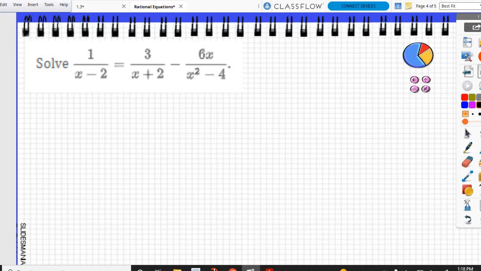So on this one, we have x's this time in all of our denominators. So that's okay. What do we notice about any of our denominators? One is squared.